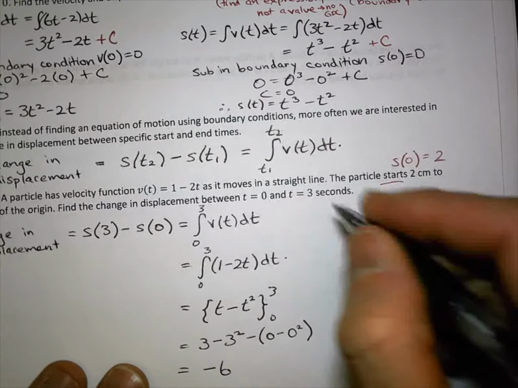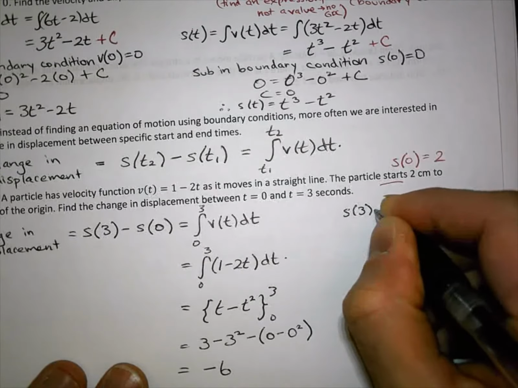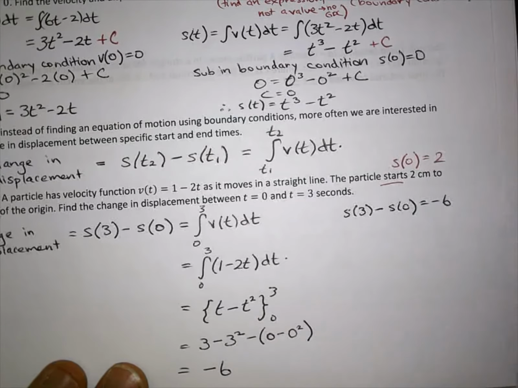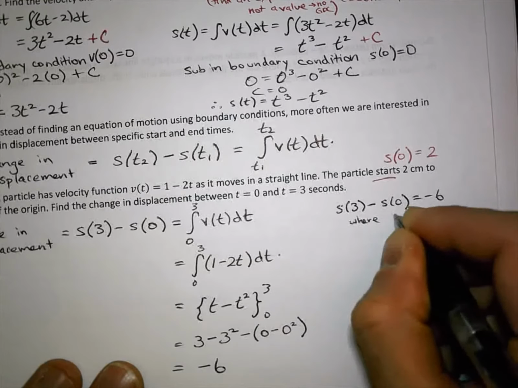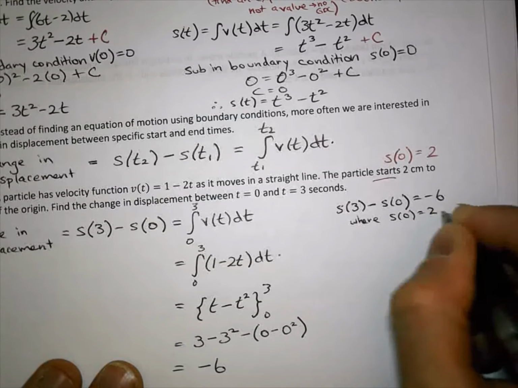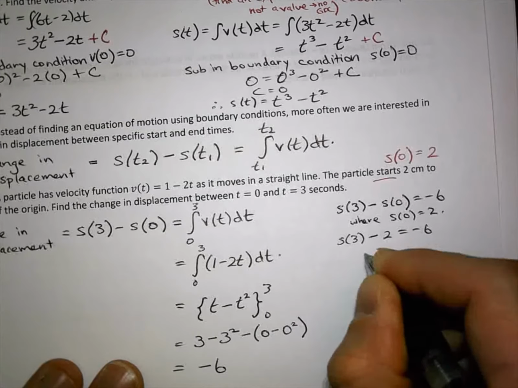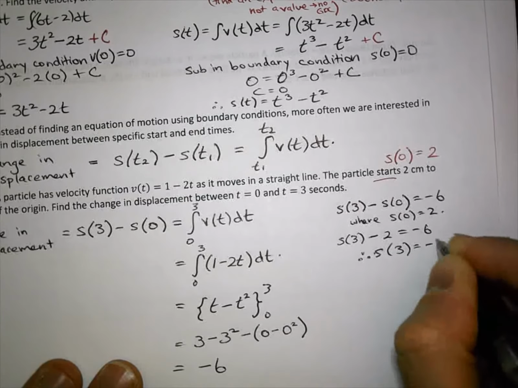So I can do this off to the side, this isn't really necessary: s at 3 minus s at 0 equals -6. So that was the change in displacement. And we know the boundary condition s at 0 is equal to 2. So essentially s at 3 minus 2 is equal to -6. Therefore, s at 3 is equal to -4.